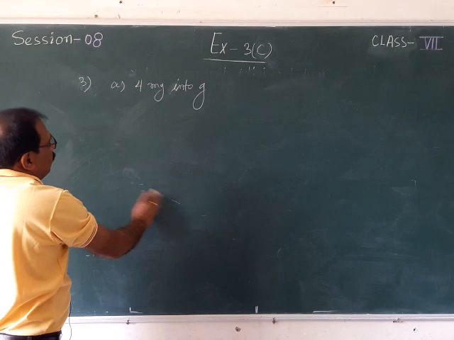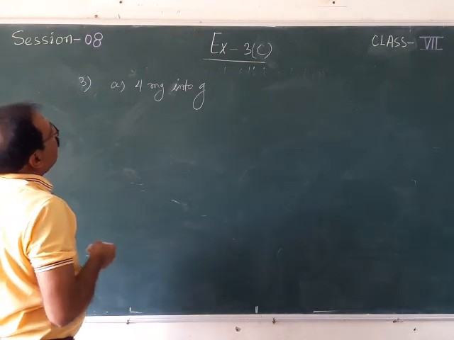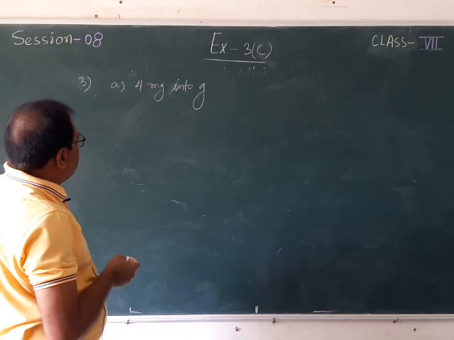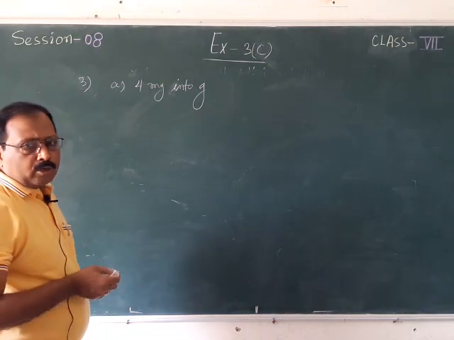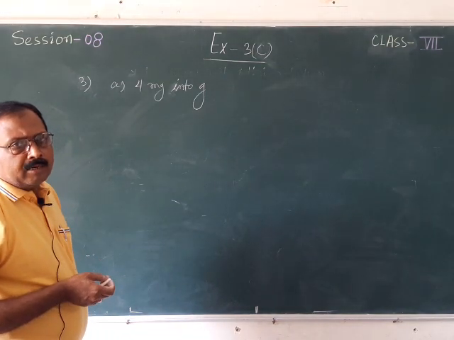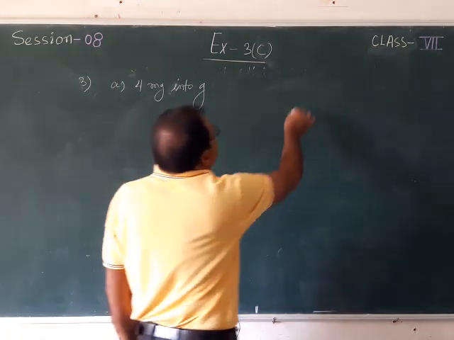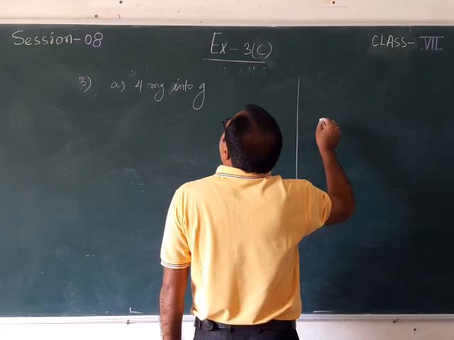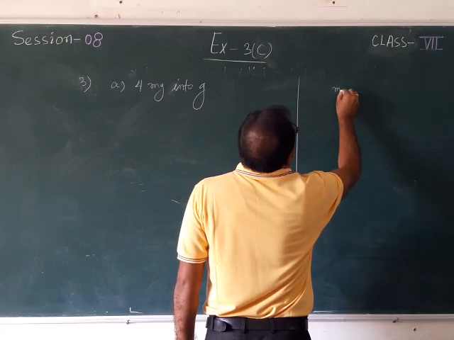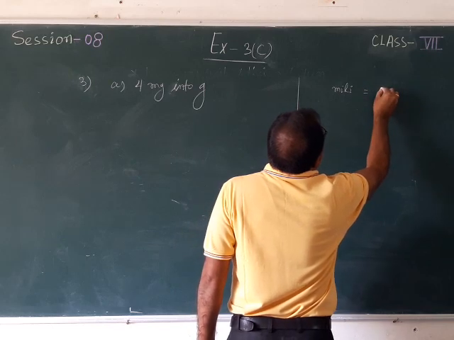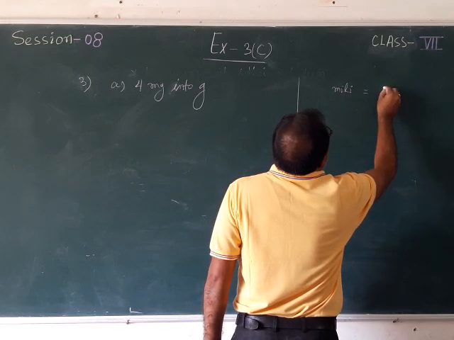So first of all you have to think: in 1 gram, how many milligrams are there? The relation is like this: milli, centi, deci, then gram, then deca, then hecto, then kilo.